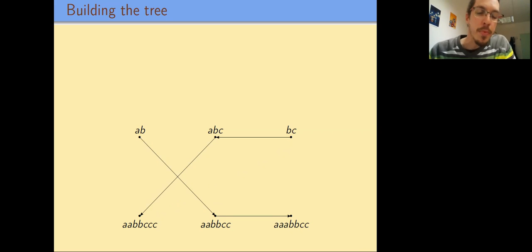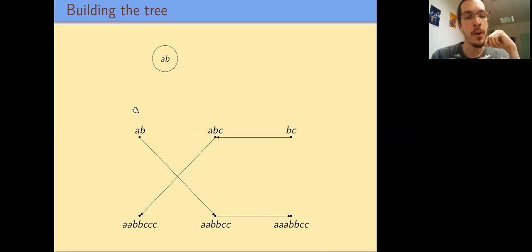And now we look at each set. So we look at AB first, and we will make some collections of sets. So we will define some sets of sets. So sort of an equivalence relation on this set of sets.